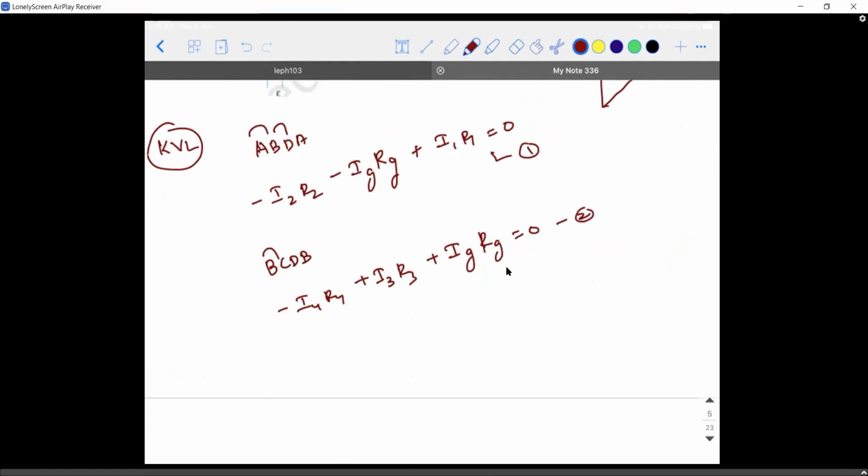Okay. Now, I'm going to introduce a new term. Listen to this. There is something called balanced condition. What I mean by balanced condition here is the values of I1, I2, I3 and I4 will be in such a way that if Ig is 0, then that kind of condition is called balanced condition.